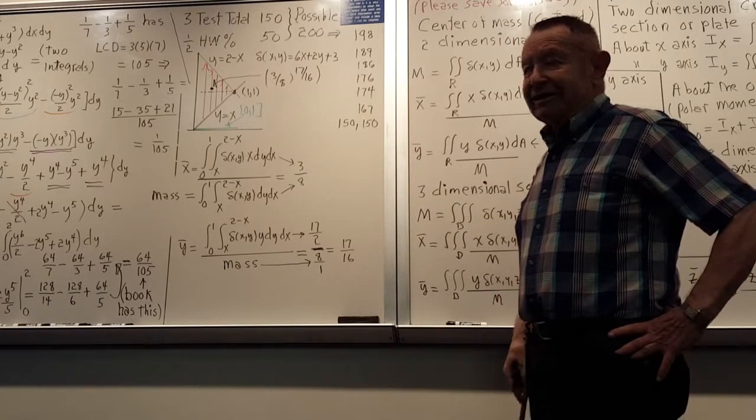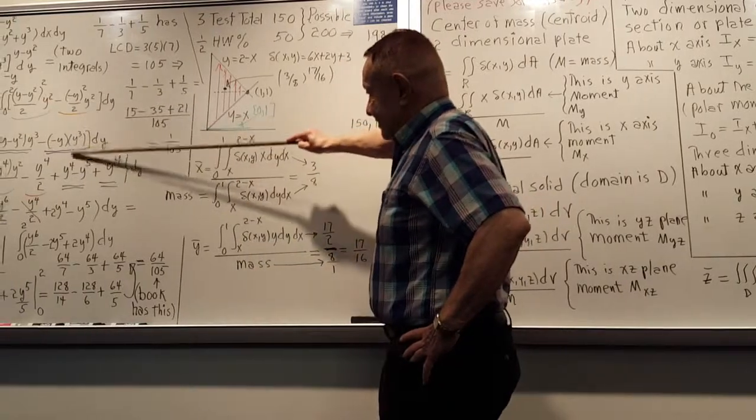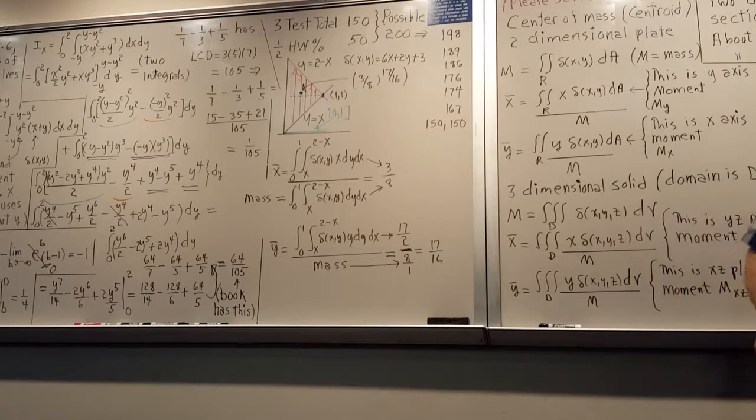That's good enough. So you don't have to do all this if you've got a machine that will do it for you. But it is there if anybody wants to do it that way.